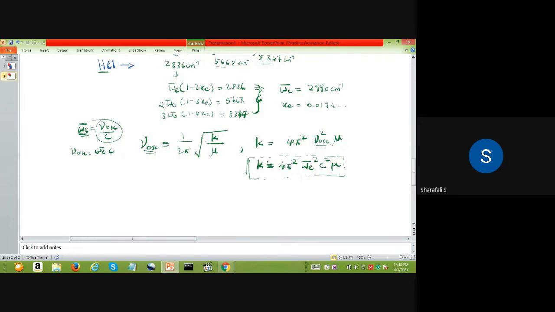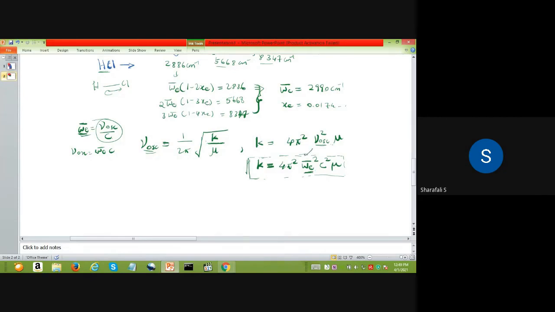This is nothing but from Hooke's law. You can consider half k x squared, that k, which is the same as this case. But in this case, it is the force constant corresponding to the bond between hydrogen and chlorine. Okay, this is what we are considering. So from that we can calculate what is the k, or the force constant, corresponding to this particular bond. For each bond we have a different force constant, and depending on that, these vibrations will happen.